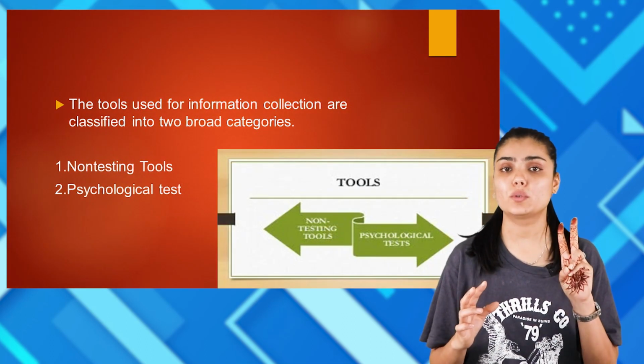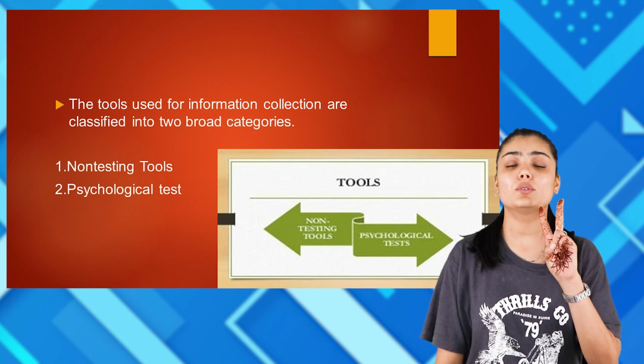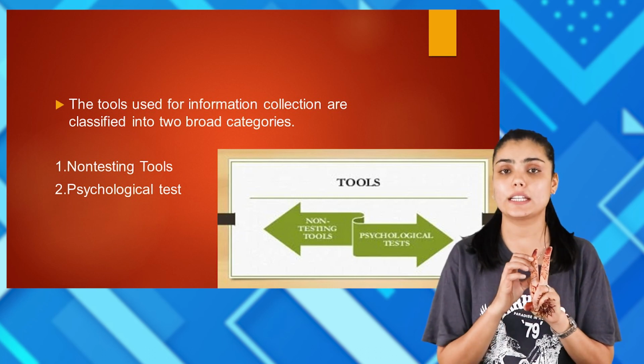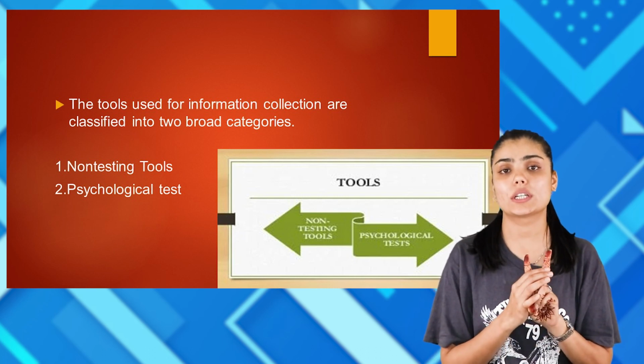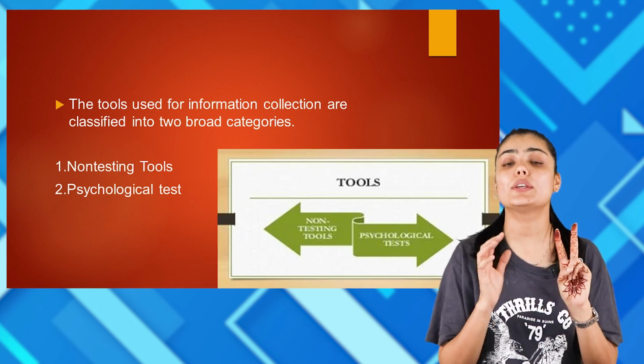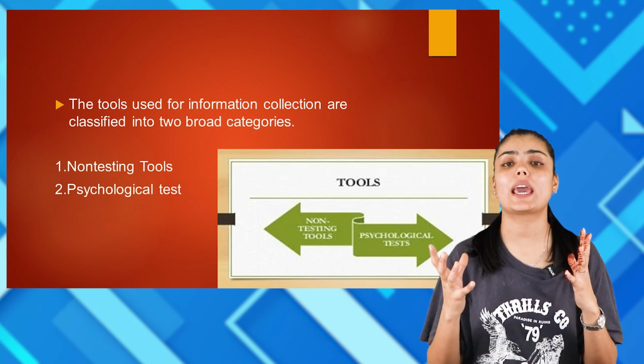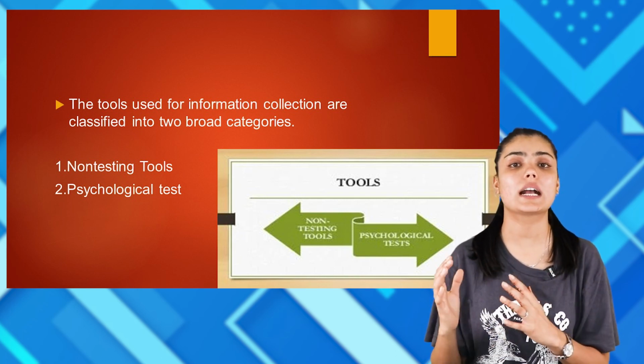Majorly, two types of tools are used by a counselor to collect information. The two types are non-testing tools and psychological tests. This is the broad classification of the tools used in the process of counseling to gather information from a counselee.